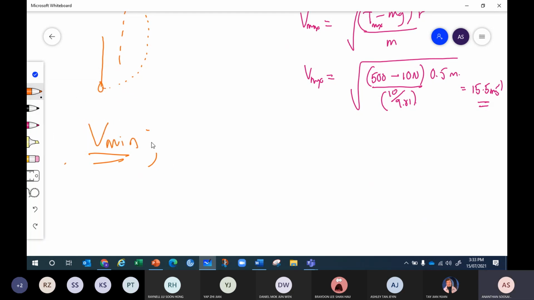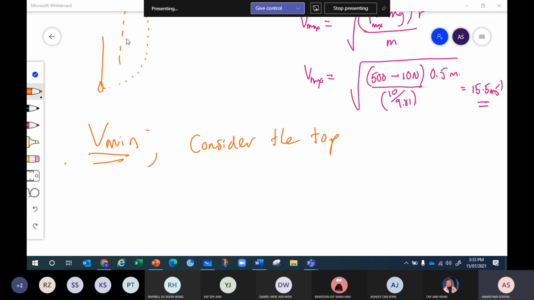To investigate V minimum, we consider which point? The top point. Yeah, very good. We consider the top because the top is now the critical point for V minimum. If you go to a lower speed, the most critical point that is difficult for it to achieve is the top. If it is able to achieve the top, then that's where the V minimum is achievable. So consider the top. That means point C.